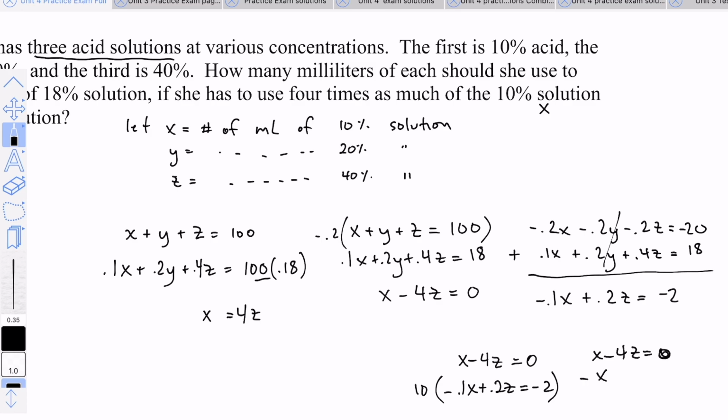So this becomes negative x plus 2z equals negative 20. That'll eliminate the x variable.